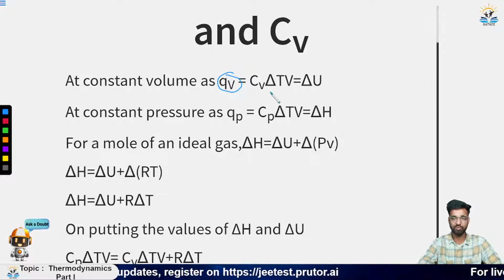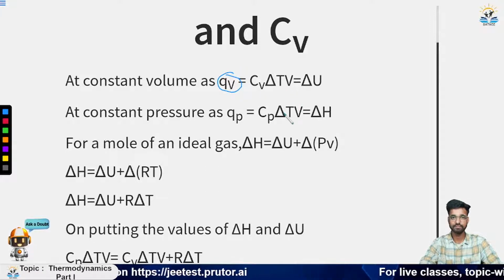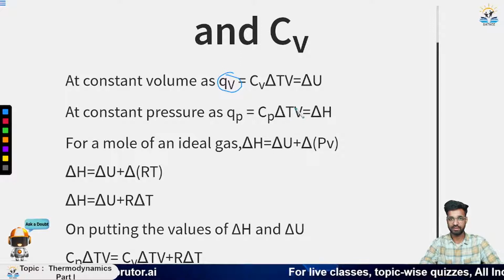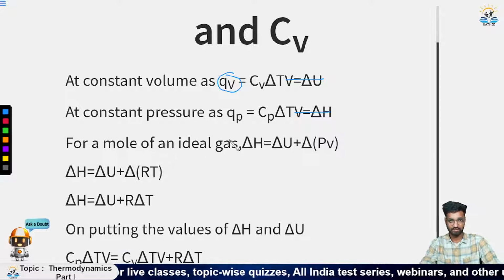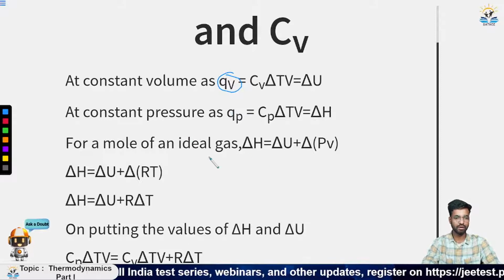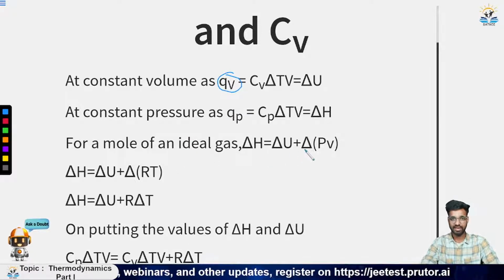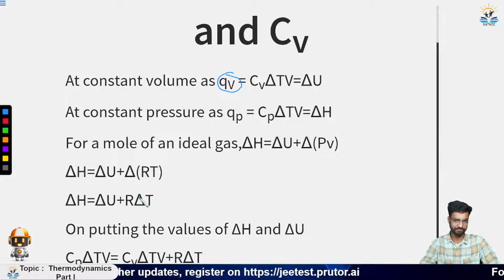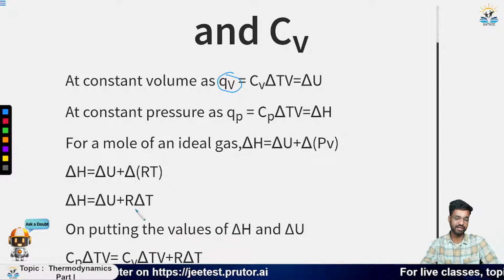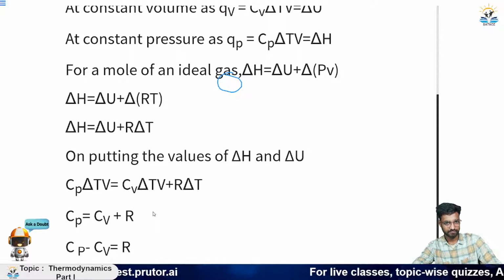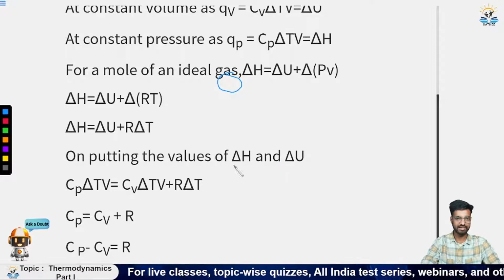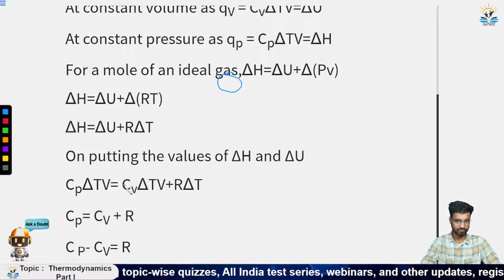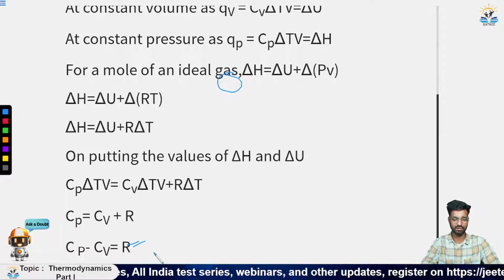We know that Qv is equal to Cv delta T. Again we have Qp is equal to Cp delta T. Now for 1 mole, we know that delta H is equal to delta U plus delta PV. If we replace PV by RT, then it is R delta T. Now on putting the values of delta H and delta U from here, we get Cp minus Cv is equal to R.